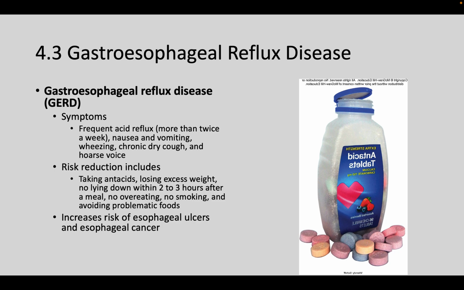Chronic acid reflux may also mean that there is an underlying disease condition such as esophageal cancer. Overuse of antacids has sometimes been blamed for esophageal cancer not being recognized until it's too late. So it's important to watch for symptoms and see a doctor if necessary.